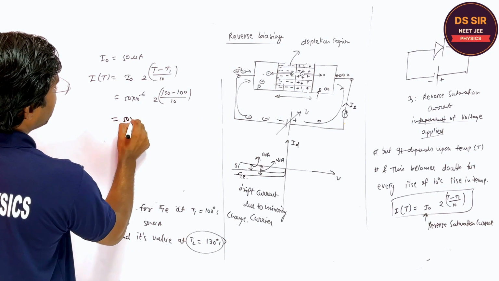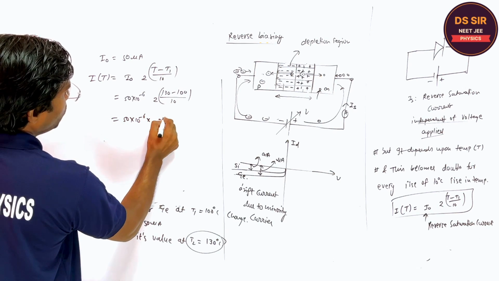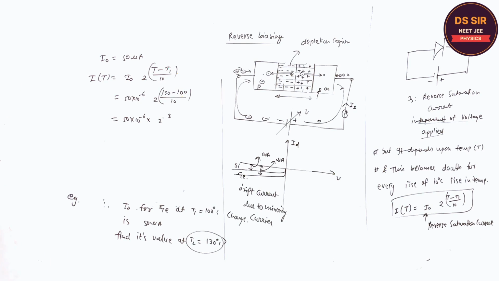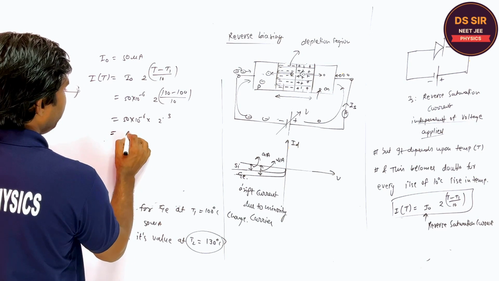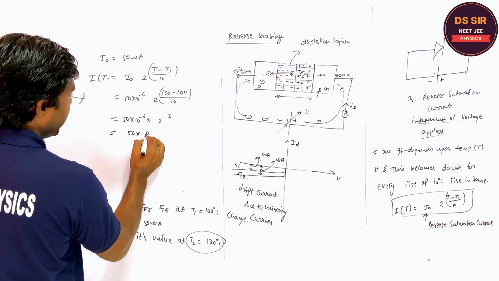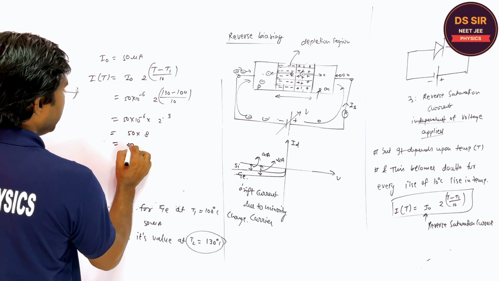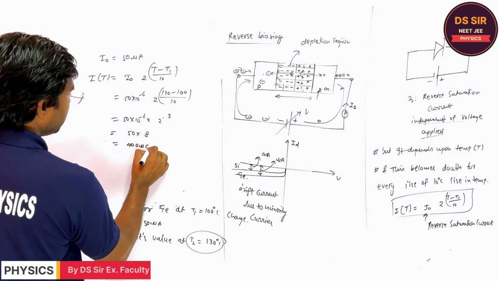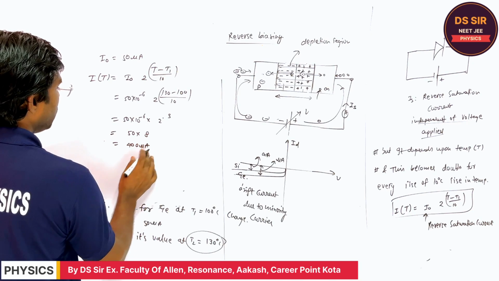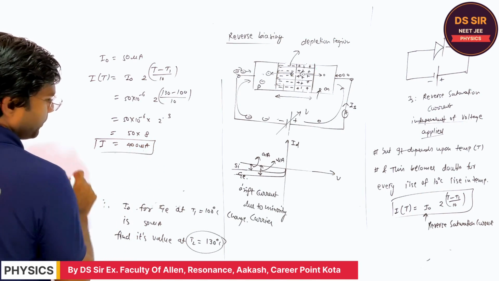So 50 into 2 to the power 3, and this is 50 into 8, which is 400 microampere. Do you understand this thing or not, you tell?